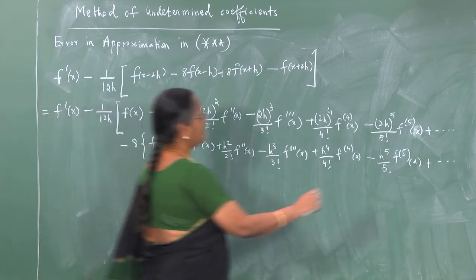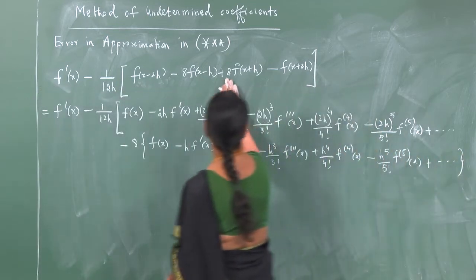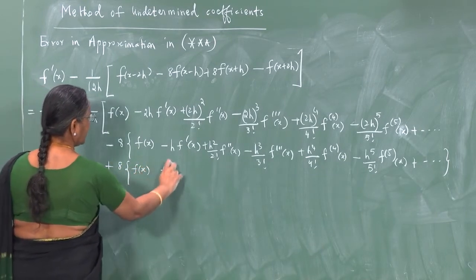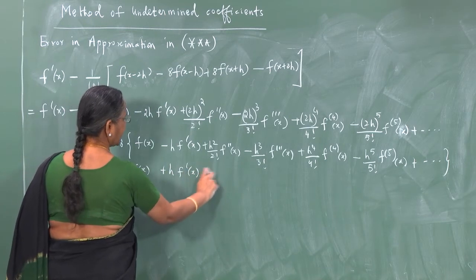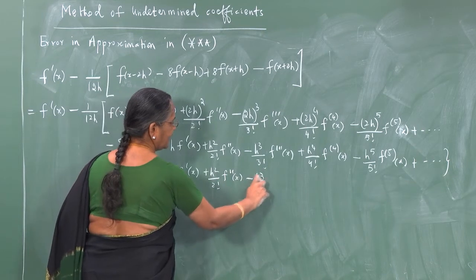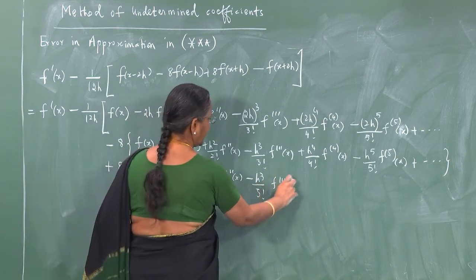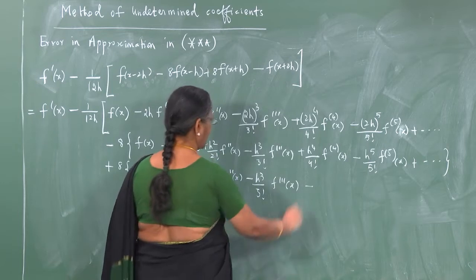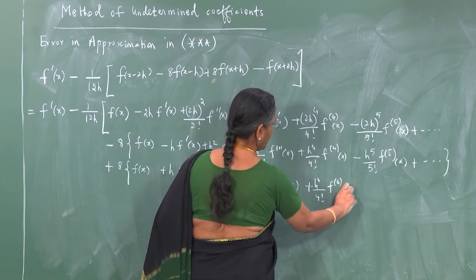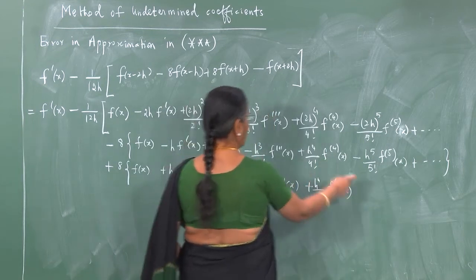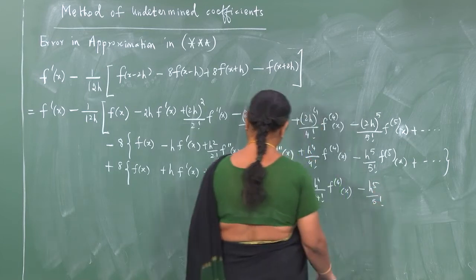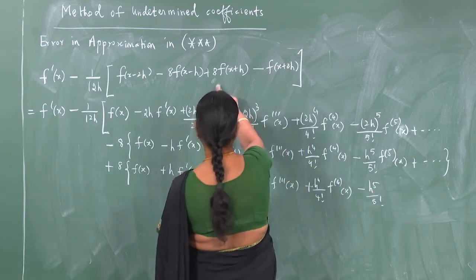Then I shall write down the next term plus 8 into f of x plus h f prime x, h square by factorial 2 f double prime x, minus h cube by factorial 3 f triple prime x, plus h power 4 by factorial 4 into fourth derivative at x, then minus h power 5 by factorial 5. This is f of x plus h.